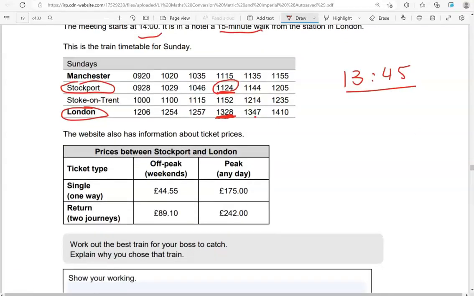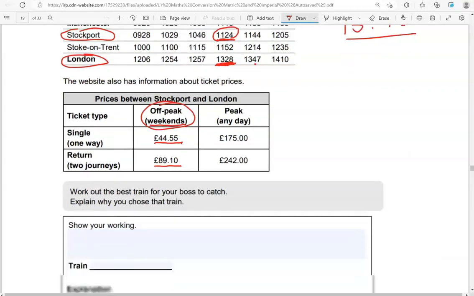And in terms of the cost, we've got off-peak because it's Sunday, so that includes weekends. We've got single way, £44.55, and return, £89.10.